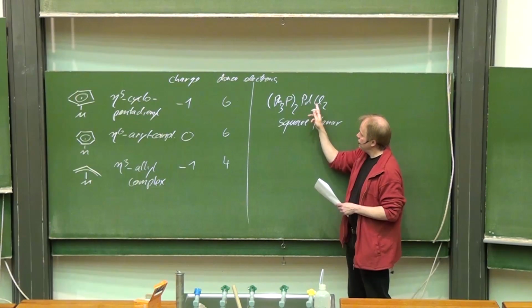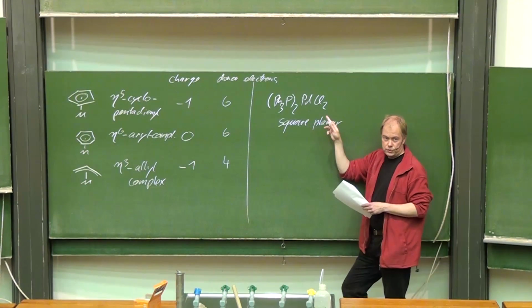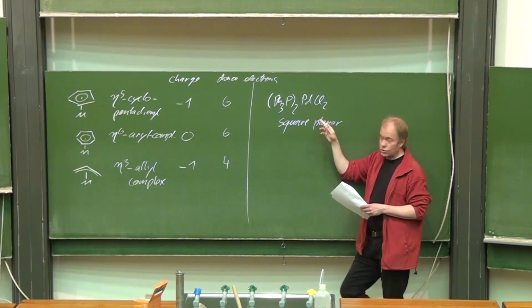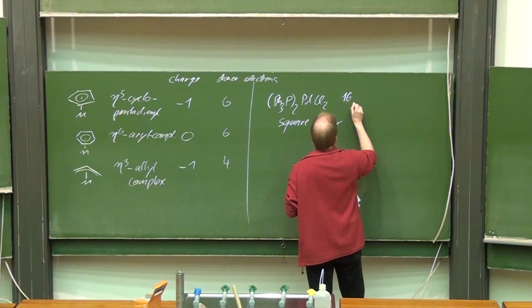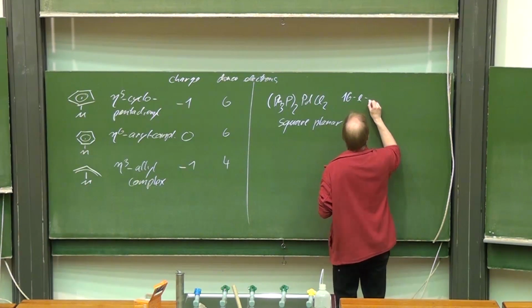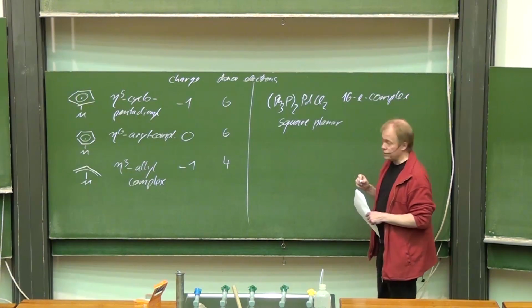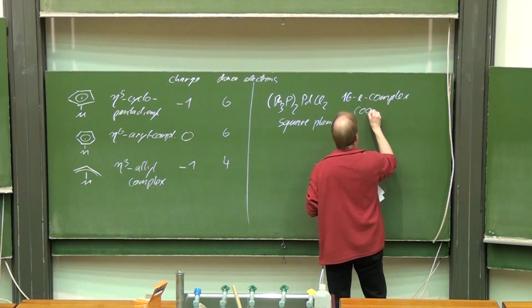Well, we have overall 4 substituents, all delivering 2 donor electrons, and that means overall this is a 16 electron complex, which is coordinatively unsaturated.